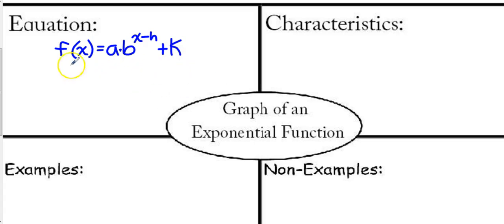There are several things that we know about variables here. For example, I know that if this has a positive a, it means the graph will be above the asymptote.